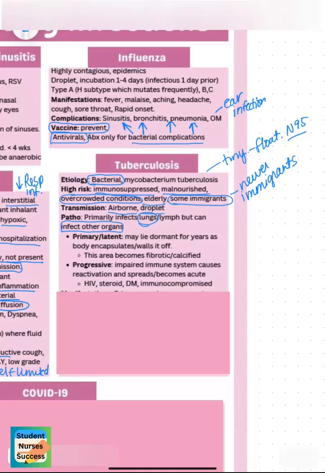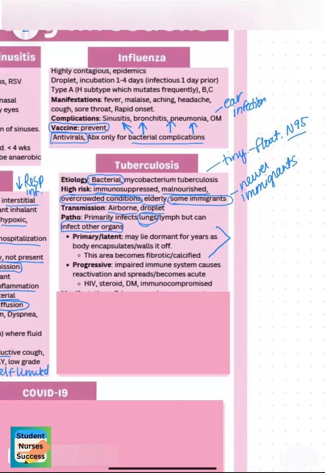There are two phases, stages of tuberculosis, and this is why it becomes a difficult bacteria to get under control in some conditions. The primary or latent stage is when you inhale the mycobacterium, you may not develop symptoms for years. And what happens in someone who has a nice, healthy immune system, when they inhale mycobacterium, is the body's immune system will actually wall it off and encapsulate it and keep it from spreading.